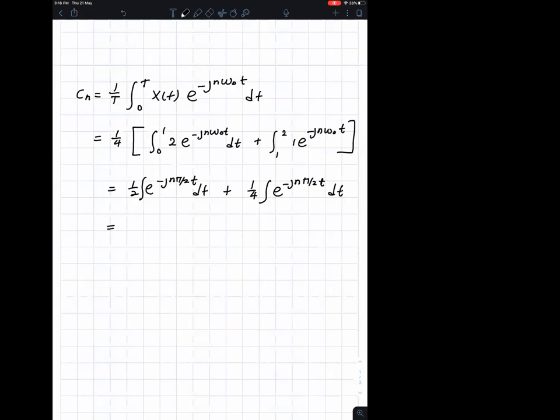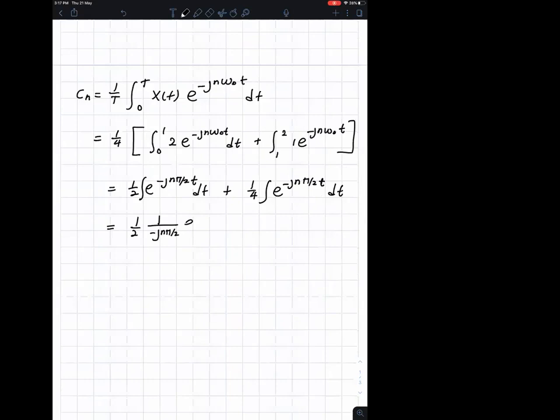So now we integrate 1 over 2 integral of the exponent. You know how to do that, right? When you integrate the exponent, it is 1 over minus j n pi over 2, dividing by the derivative of the exponent.